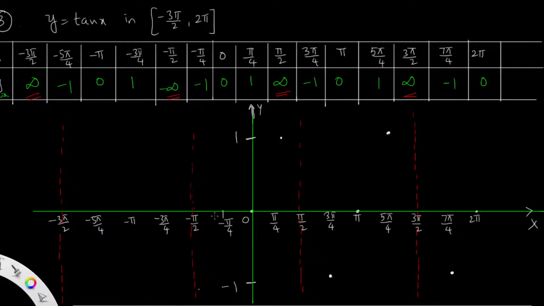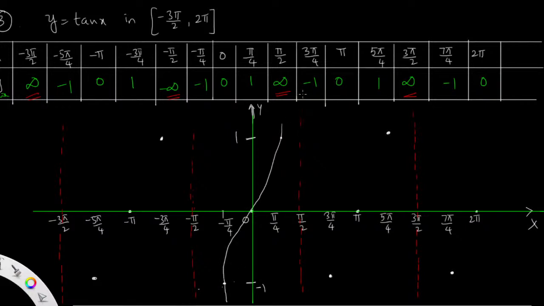And similarly on this side. Tan minus pi by 4 is minus 1. And then tan minus pi by 2 is infinity, tan minus 3 pi by 4 is 1, and tan minus pi is 0. Okay, now join the points to draw the graph.